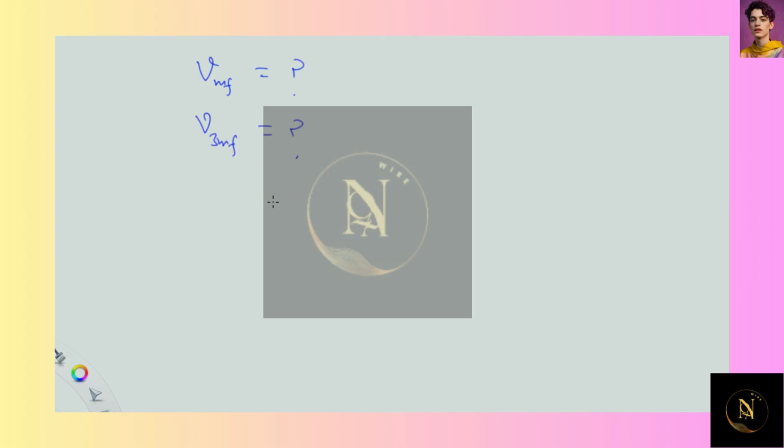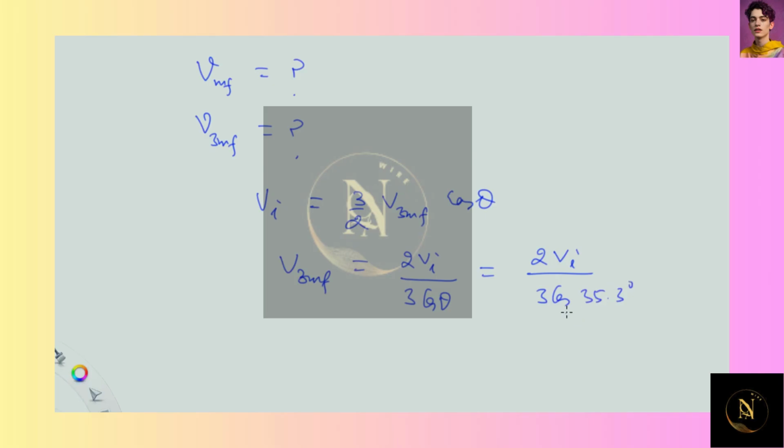To find these speeds, first of all, from the relation vi is equal to 3 by 2 v3mf cos theta, this v3mf comes out to be 2 vi divided by 3 cos theta, meaning 2 vi divided by 3 into cosine of 35.3 degrees, or it becomes 2 vi divided by 3 into 0.82, which finally comes out to be v3mf is equal to 0.81 times vi.